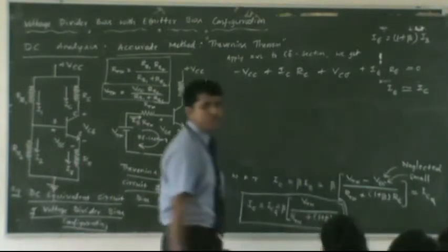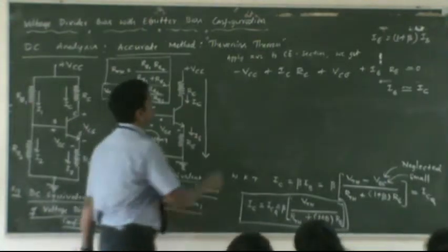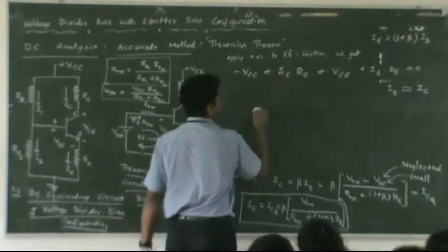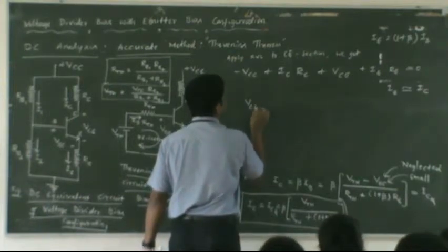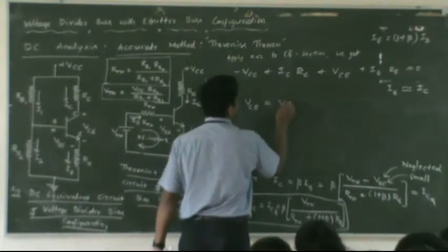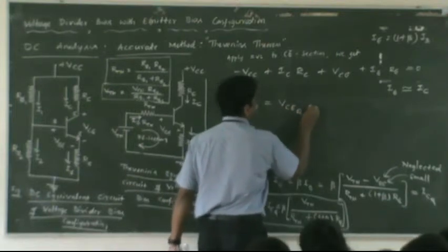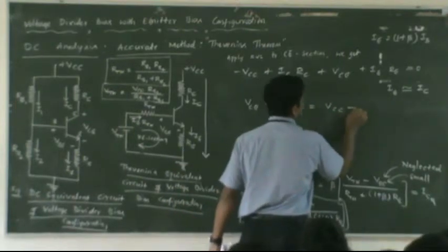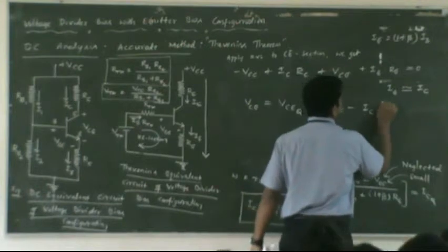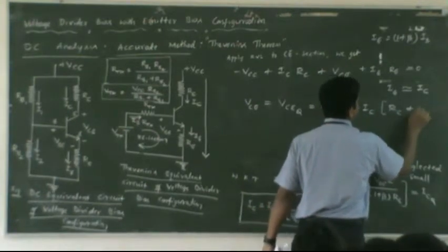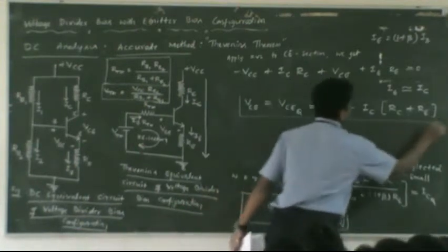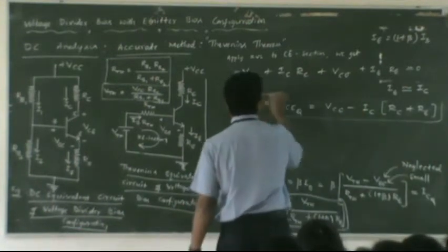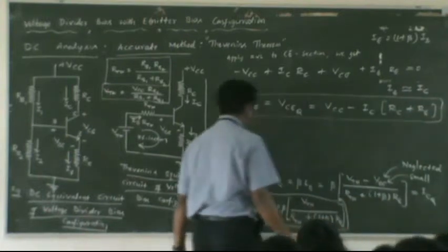In place of IE, you can substitute IC, take out IC as a common factor, and simplify. You get VCE equal to VCEQ, which is VCC minus IC times RC plus RE. This is the expression you get after the simplification.